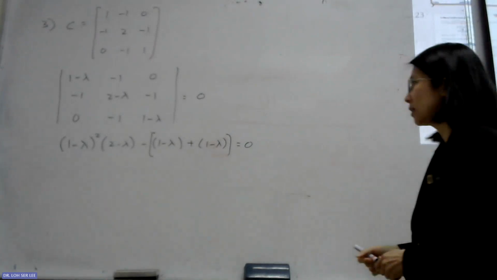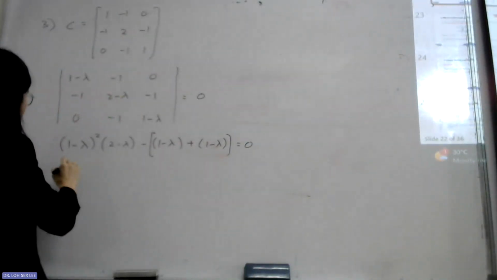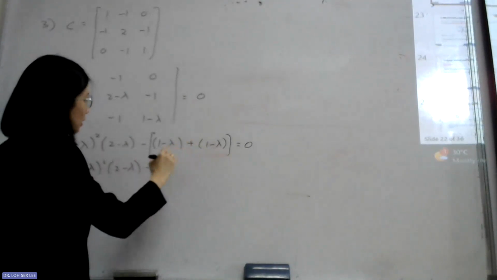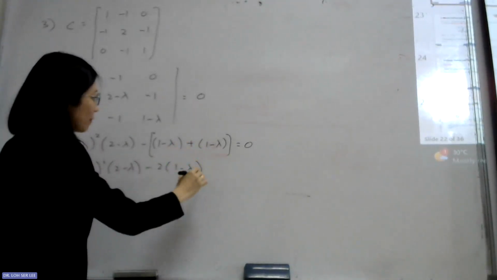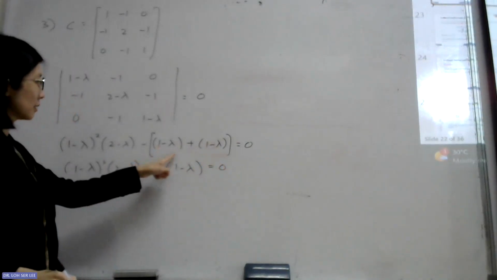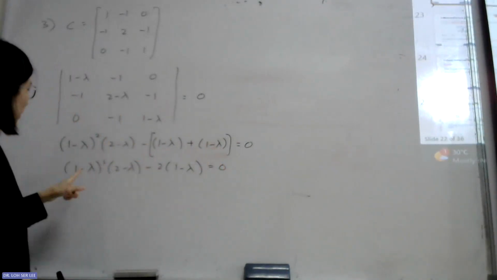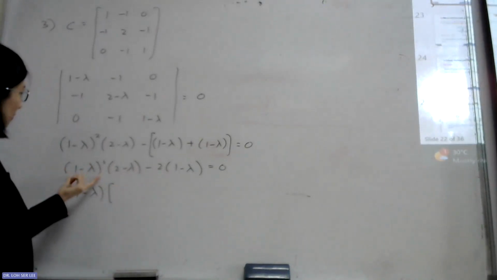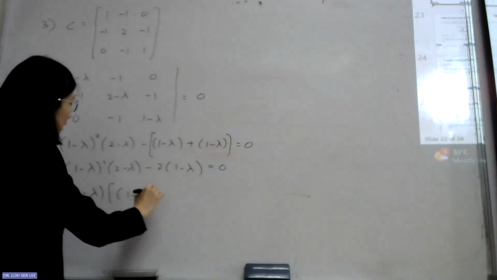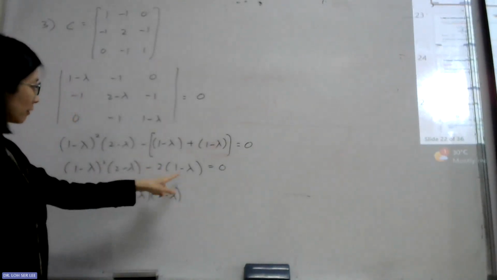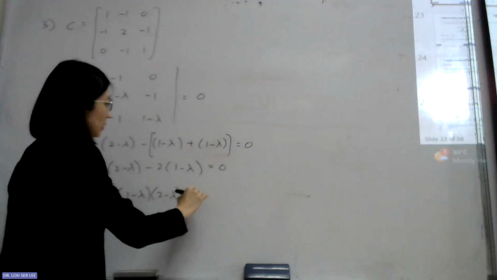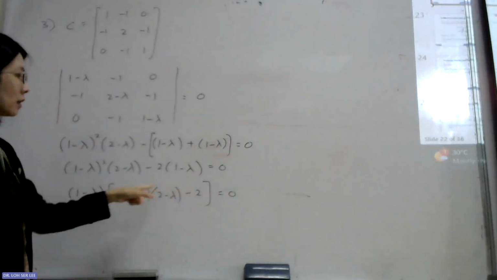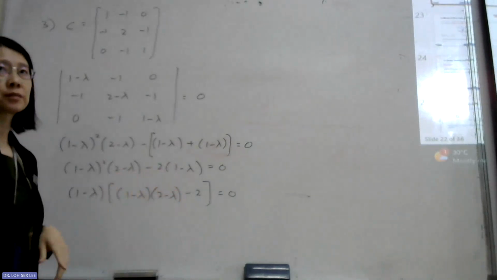So we find 1 minus lambda squared, 2 minus lambda, minus, this is 2 sets of 1 minus lambda. This is one set, this is another set, so we have 2 sets. So here we can factorize this 1 minus lambda, so you have another 1 minus lambda here, and 2 minus lambda. After you factorize, you have minus 2. Then this one, you expand, simplify, factorize for this part.